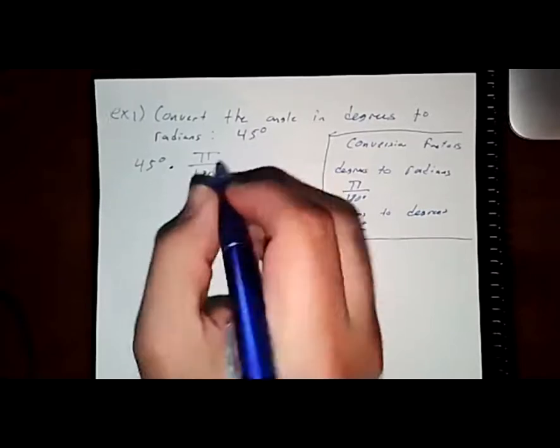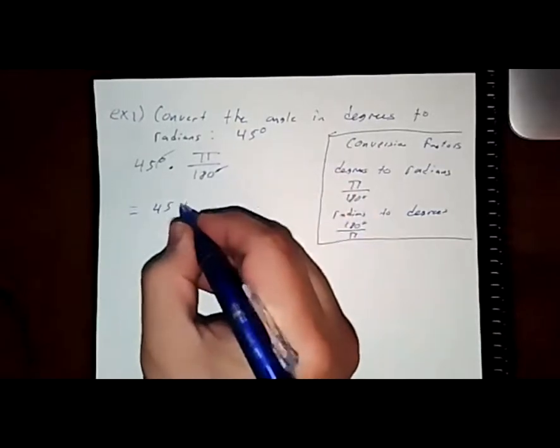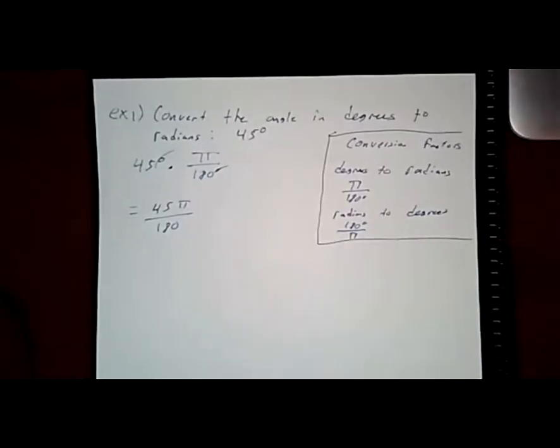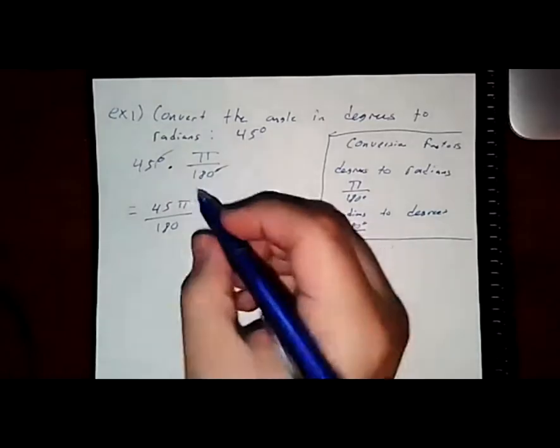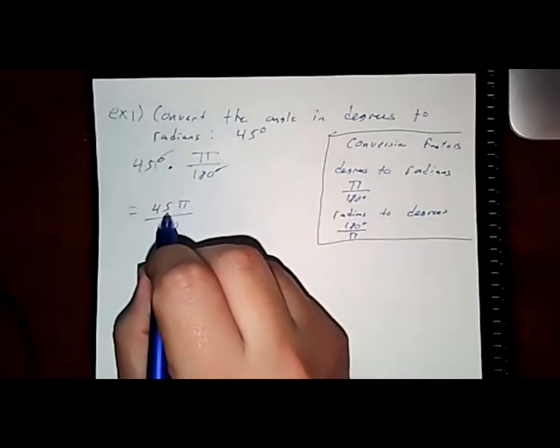The reason it's on the bottom is because I want to cancel the degrees. So no longer in degrees, now I have 45 pi over 180 radians. But of course we need to simplify that because it's an improper fraction, right? So divide by 15, right?